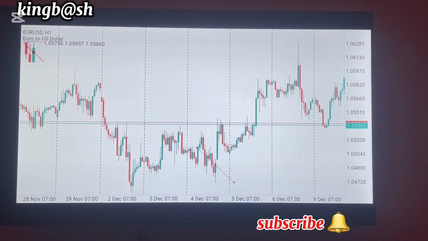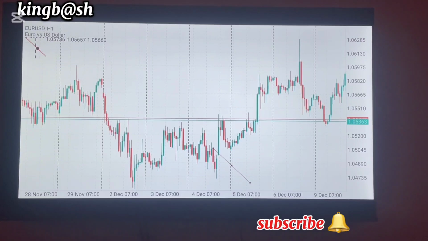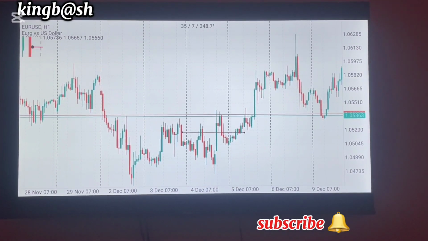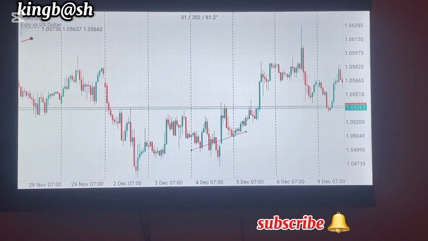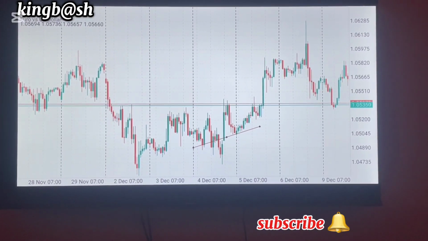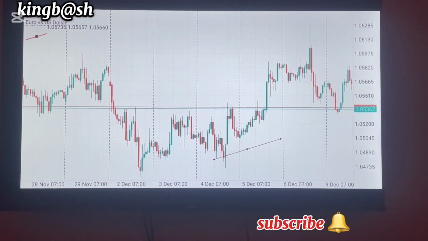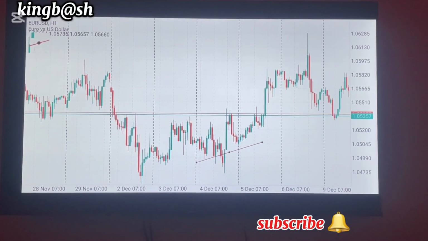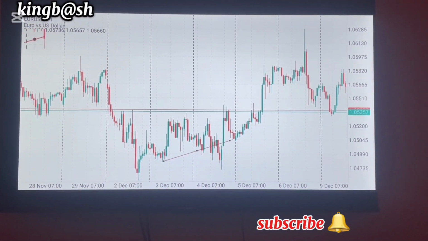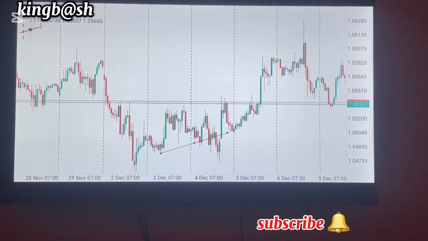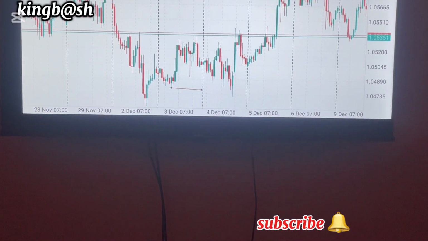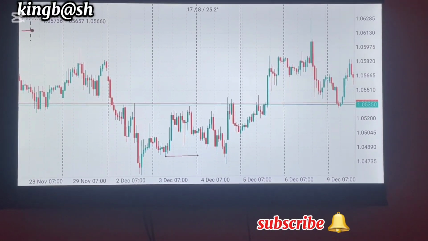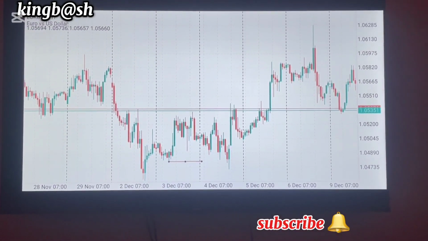This is an example from EURUSD on the 4th of December. Completely from here to this point here, we say it is one complete day. This is the lowest point where price has reached on this day.